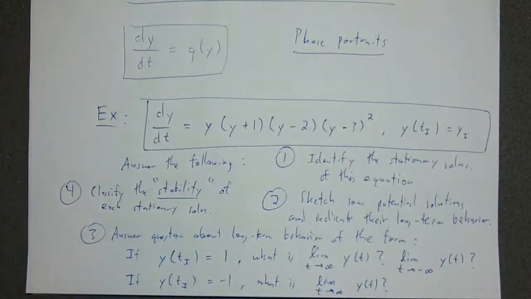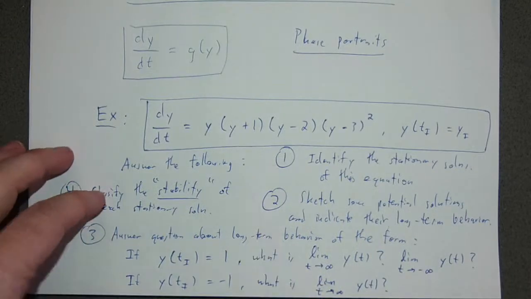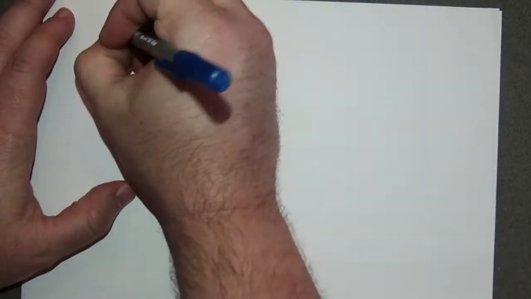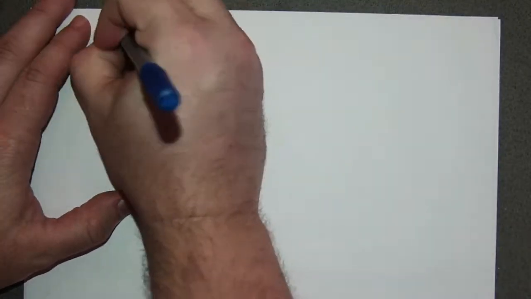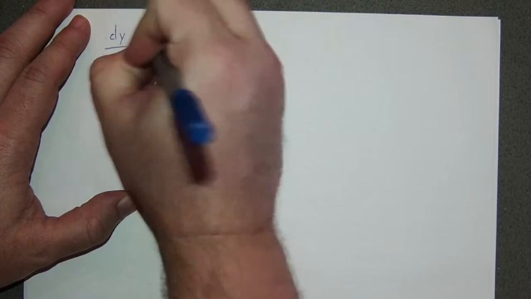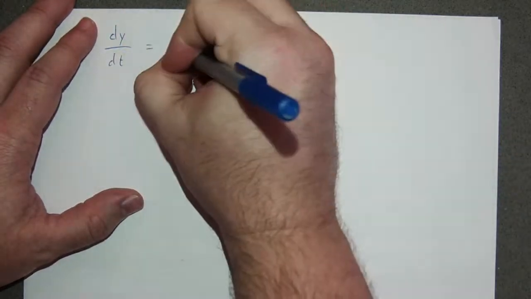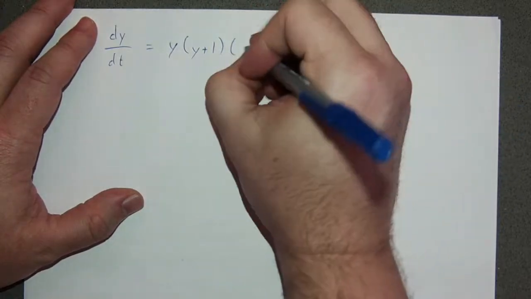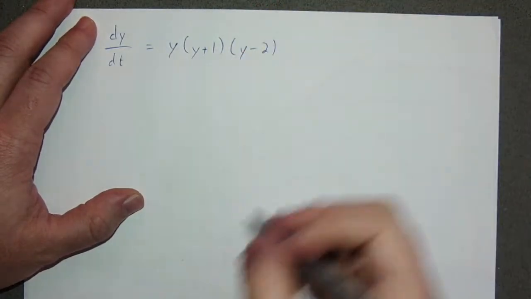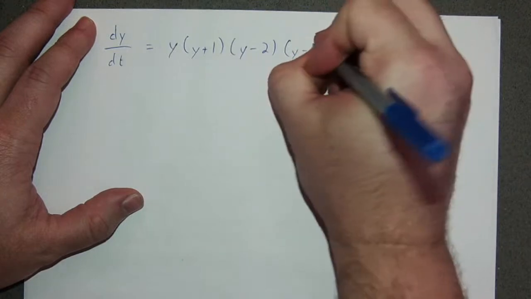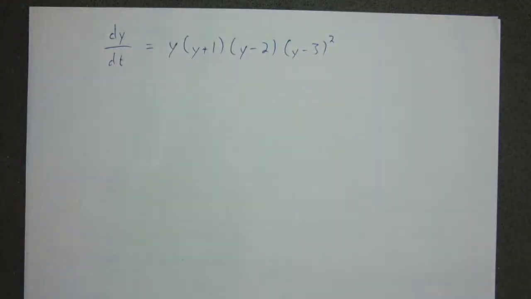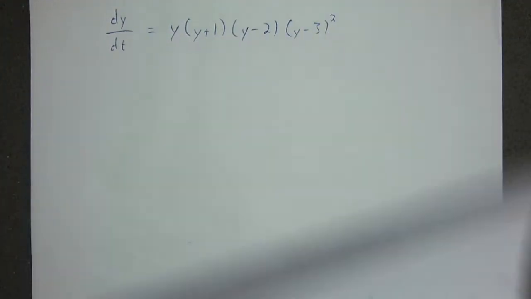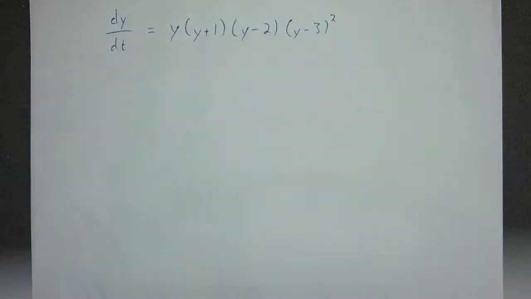So how do we answer these problems? I'm going to copy this on the next page. The problem in question is dy dt is equal to y times y plus 1 times y minus 2 times y minus 3 squared. The first question is identify the stationary solutions.